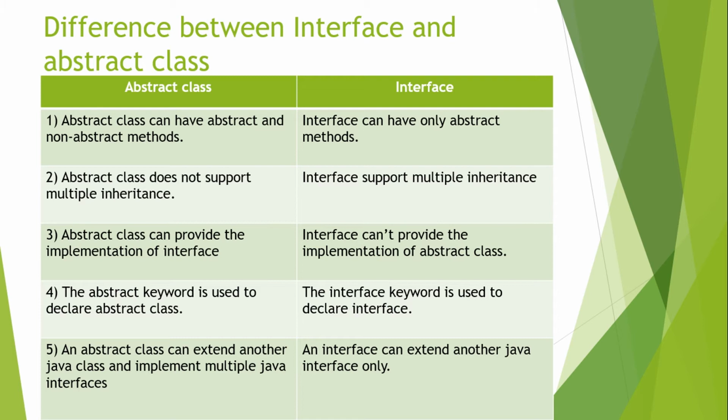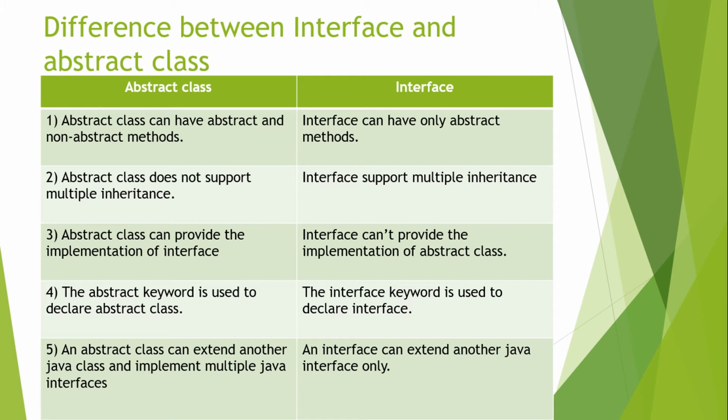That's why an interface can extend an interface only, but a class is an actual class, so it has more features than an interface. That's why a class can inherit classes and also implement interfaces. So a class is always superior. These are the differences that you need to keep in mind while working with an abstract class and an interface.